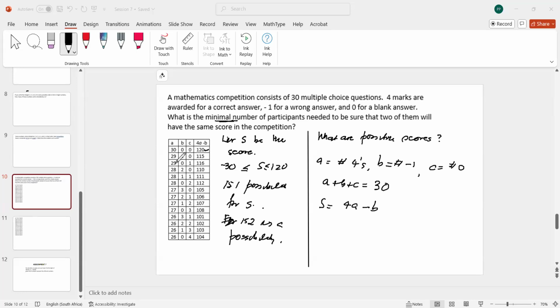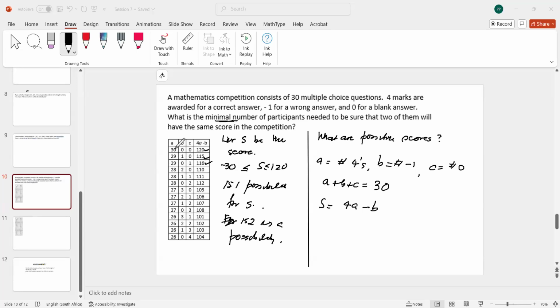You can have 29, 1, 0 or 29, 0, 1. Those are the only two possibilities. So the scores are 115 and 116. 29 times 4 is 116, and with 1 wrong, it's 115. With 29 fours and 1 blank, you get 116.